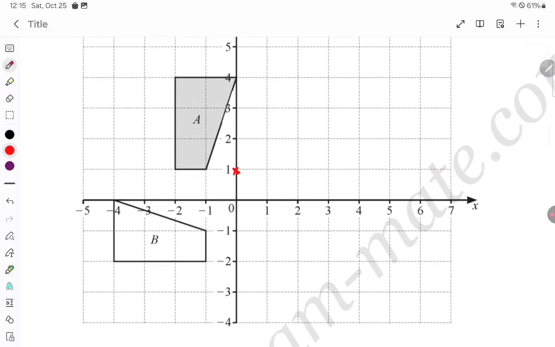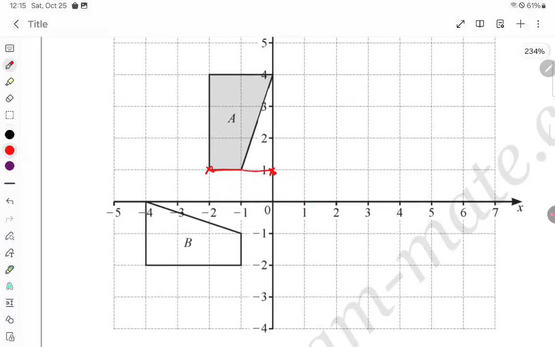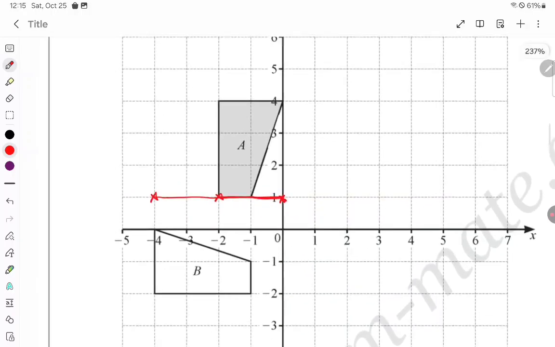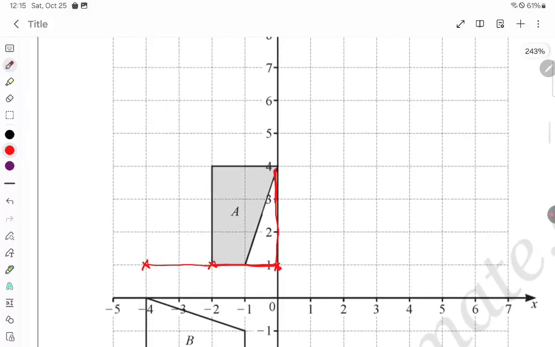So this is our 1 unit. 1 unit will become 2 for the first point, and for the second point, this is 1 unit, this is our 2 units. 2 units will become 4 for the second point. And this one is 1, 2, 3, so 3 will become 6.